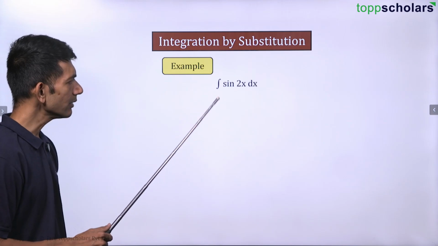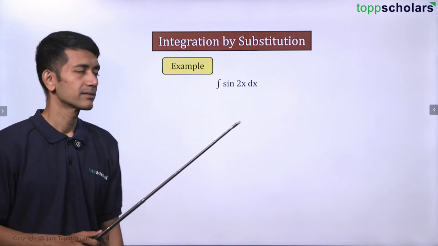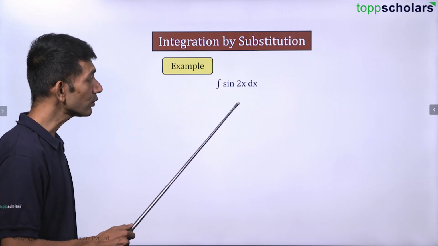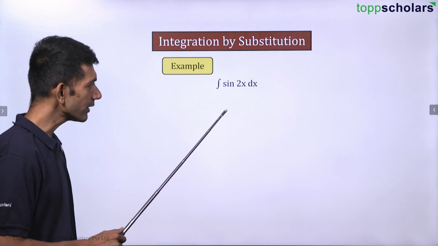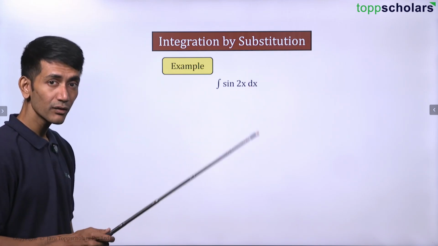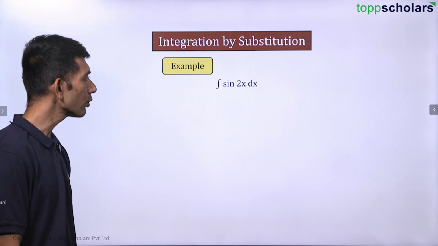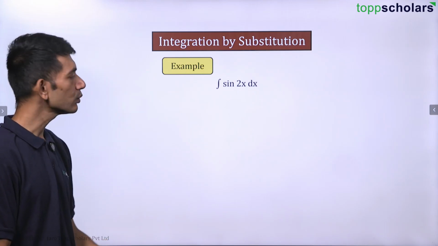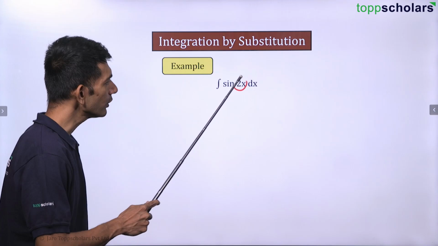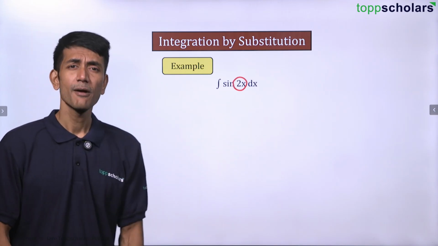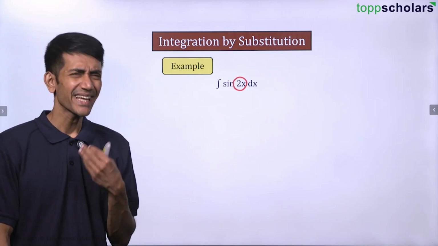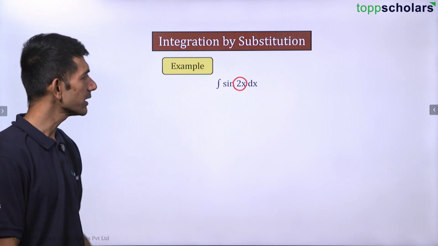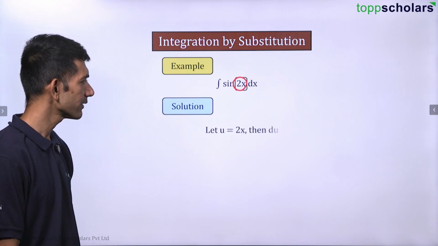Let us see how we are going to solve this. So first example is integration of sine of 2x dx. Now, we know the formula for sine of x. We don't know the formula for sine of 2x. So what we will do, we will replace 2x with some variable. It can be t, it can be u, that depends. So let us begin with the solution.